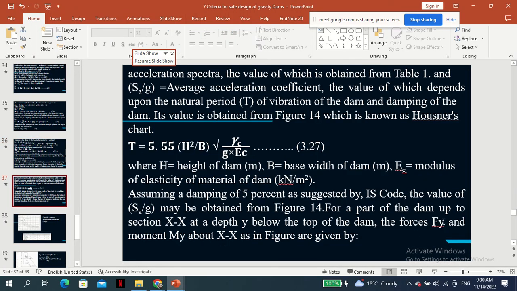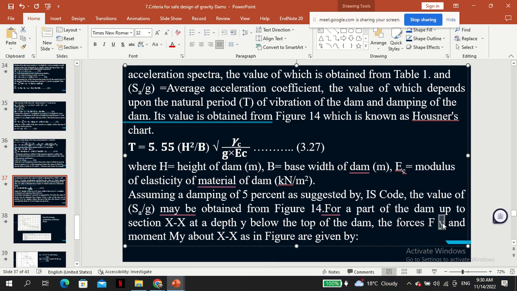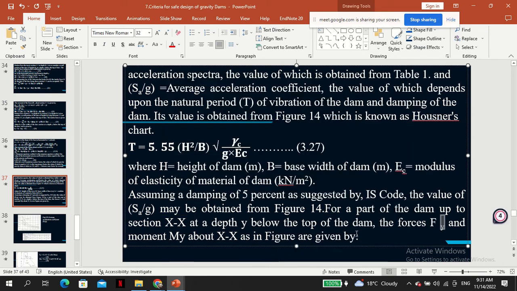the chart basically to get Fy and My, and of course there will be enough examples to demonstrate this as well.